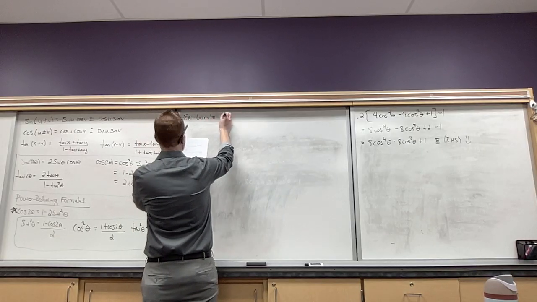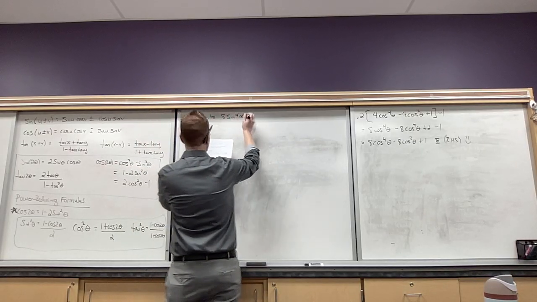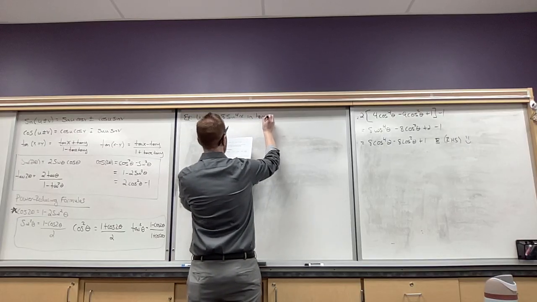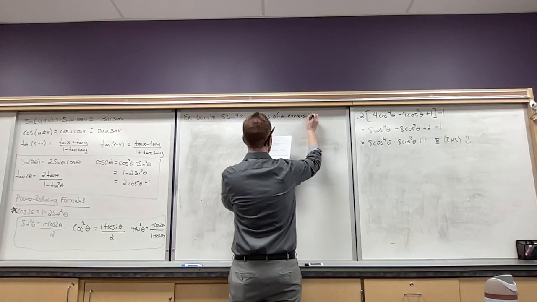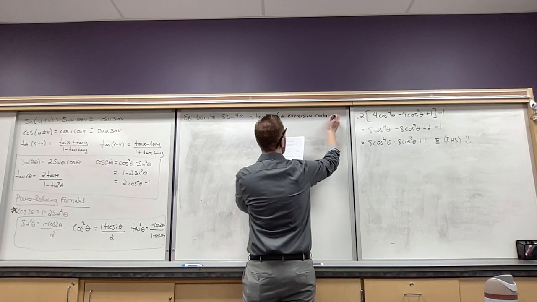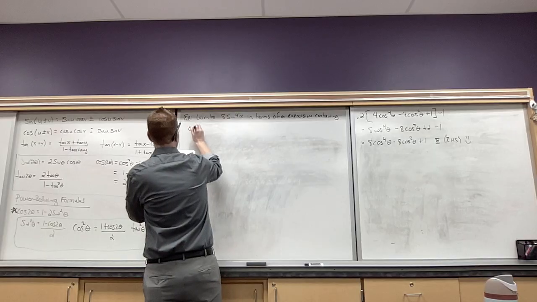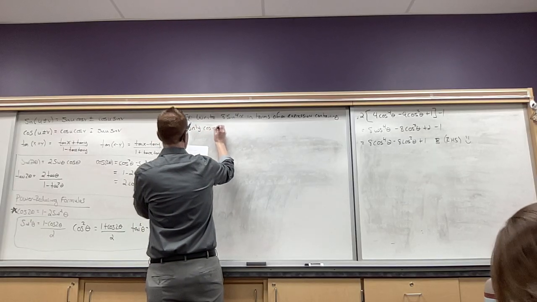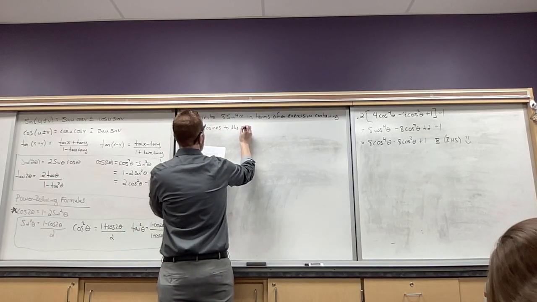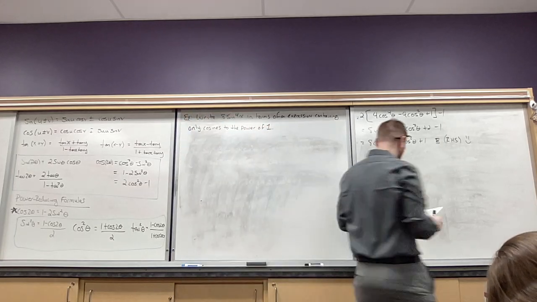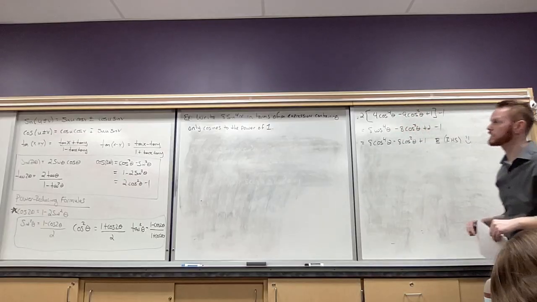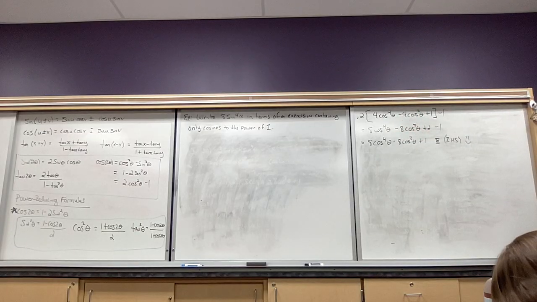Let's write 8 sine of the 4th of x in terms of an expression containing only cosines to the power of 1. Okay? So again, our goal is to take 8 sine to the 4th of x and reduce it to cosines with just the power of 1. We're going to use those guys at the very bottom to do so.